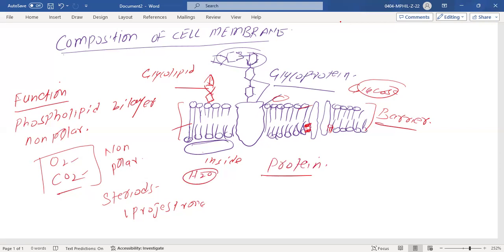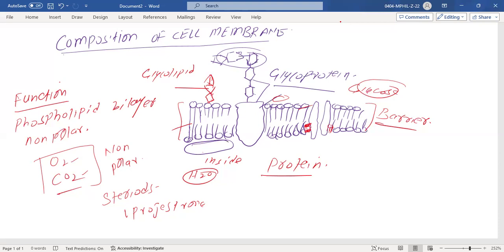So in our next lecture, we will understand how these different types of proteins present in the cell membrane perform their function, and how they perform very specific functions as channels and carriers.